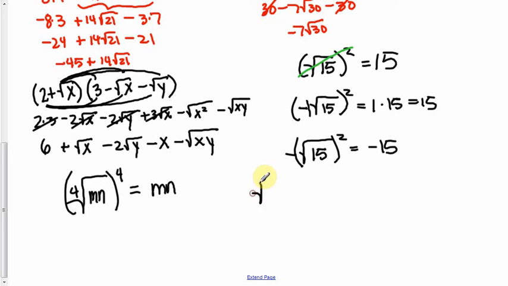Okay, what about the square root of a plus 8 squared? What's the answer? A plus 8. Nothing to show, right? They undo each other.